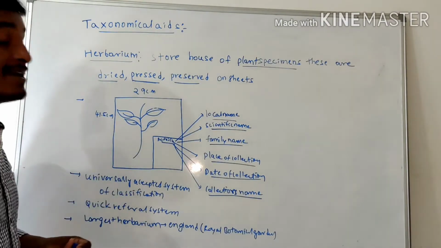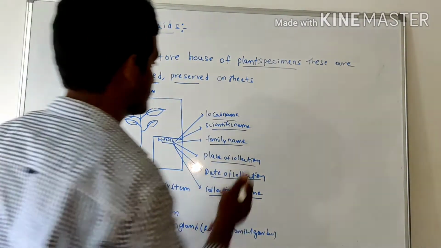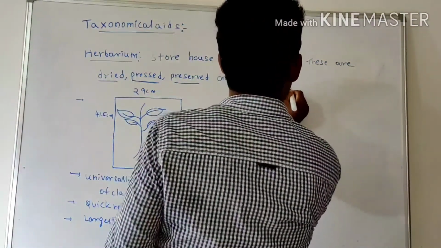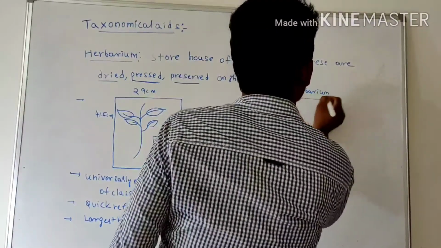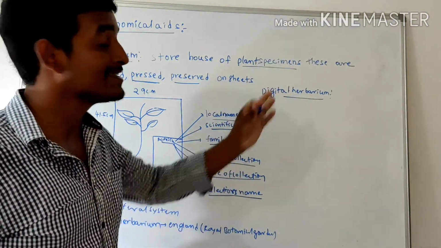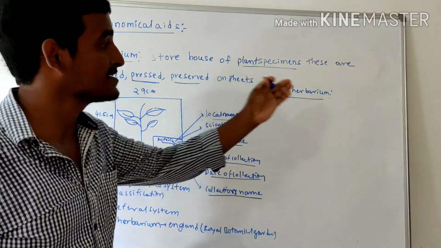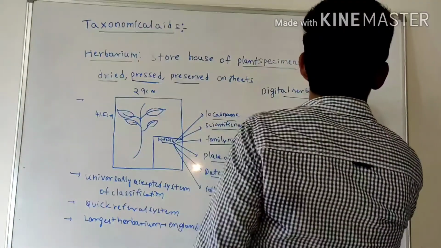But nowadays digital herbariums are also present. What about digital herbariums? A digital herbarium consists of digital images of plant specimens, published on the internet.